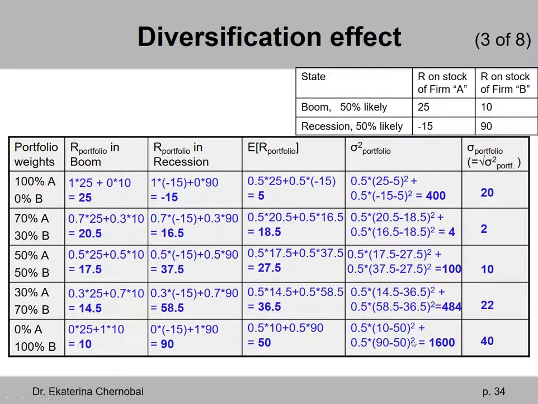So we have a lot of repetitive calculations here, right? Every row kind of repeats itself, and the only difference between the rows is the weights. So we plug in different numbers for the two weights of A and B, otherwise the rest stays the same.